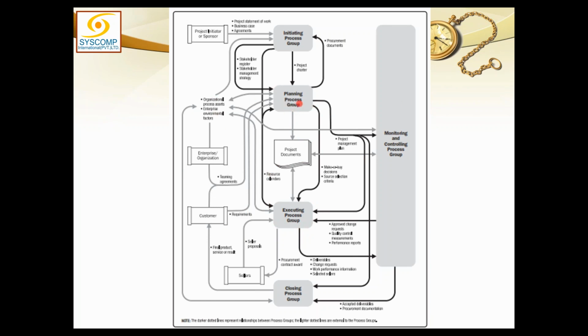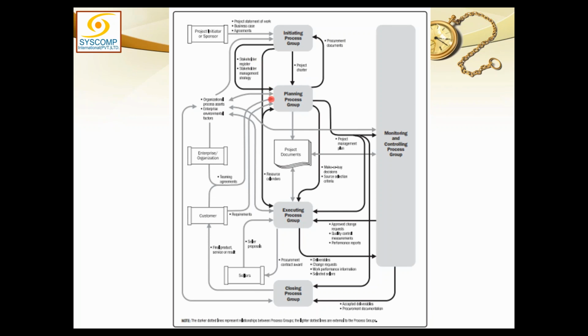Are we clear about all the inputs to the planning process group? Yes, sir. Okay, let me revise. We have the charter coming to it from the top arrow. We have the stakeholder register and management strategy coming from initiation. We have organizational process assets and enterprise environmental factors coming from the organization.